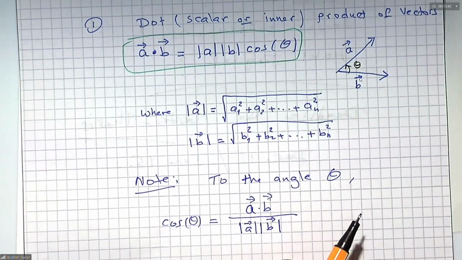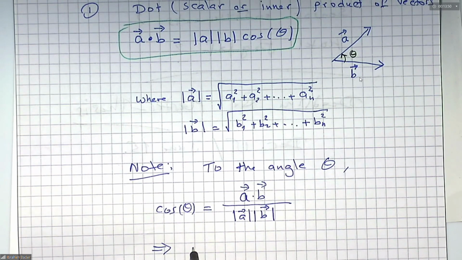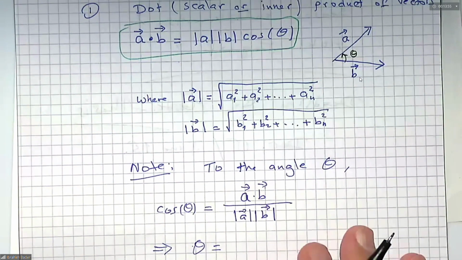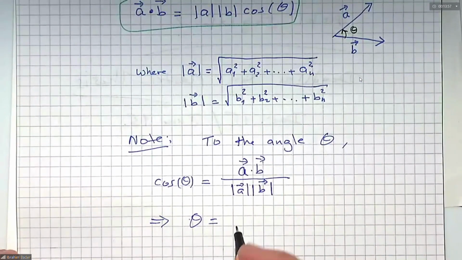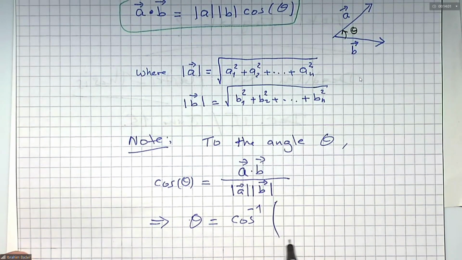That means to evaluate theta, if you take the inverse of both sides, it follows that cosine theta is this amount, so theta is equal to the cosine inverse of this ratio here.